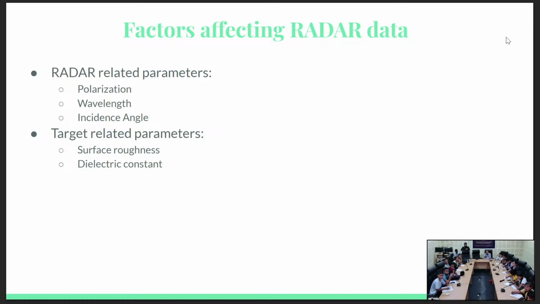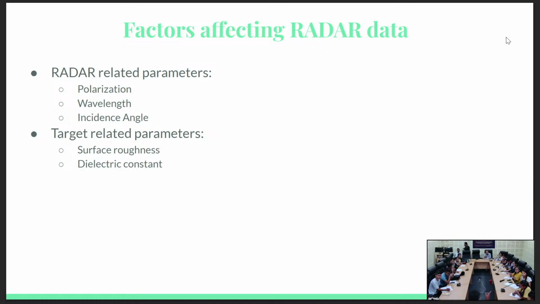There is something called polarization, which we will talk about shortly, and then the wavelength. We saw bigger wavelengths and smaller wavelengths, and how transmission through the atmosphere appears.